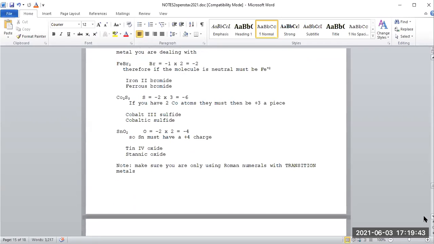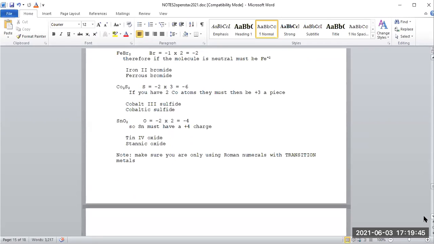How about tin? Tin, again, sort of harking back to one of those Latin-based names, used to be known as stannum. My oxygen is -2. I've got 2 of them. So there are 4 negatives in this molecule, and I only have 1 atom of tin.